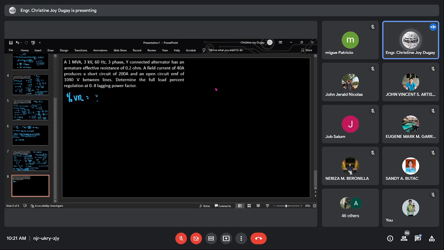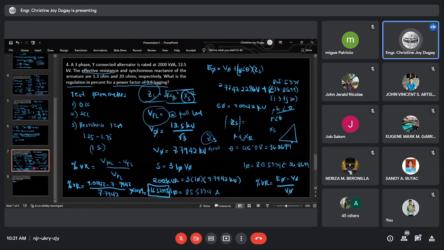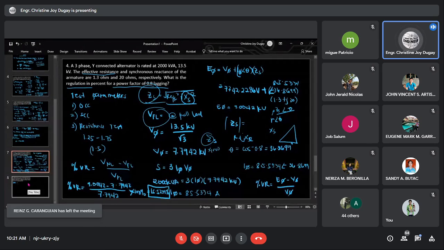So since ang VR natin, from this problem only, we may generalize na yung percent VR po natin is equal to E phase less V phase over V phase. No? Okay po ba? Pwede po ba natin gamitin yan, E phase less V phase over V phase, para hindi tayo malito?